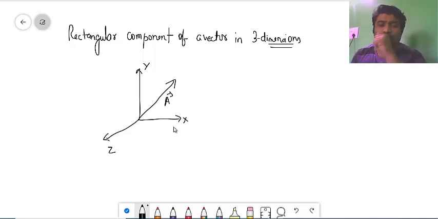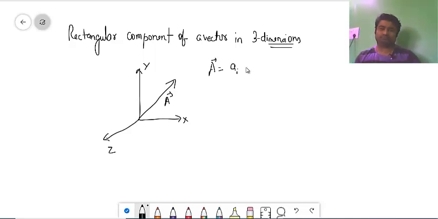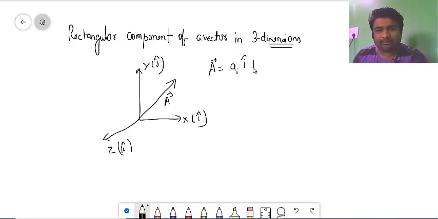Now this A vector can be written as A1 along x axis, along I cap, A2 along J cap, and A3 along K cap.